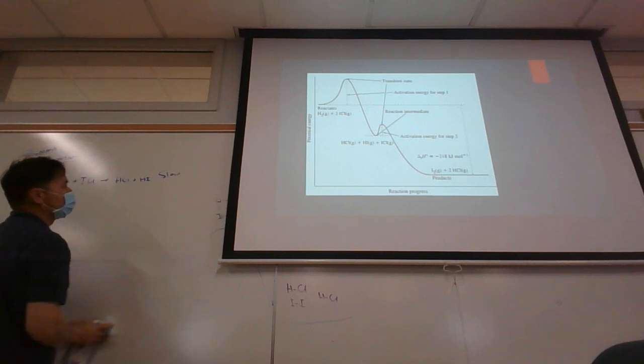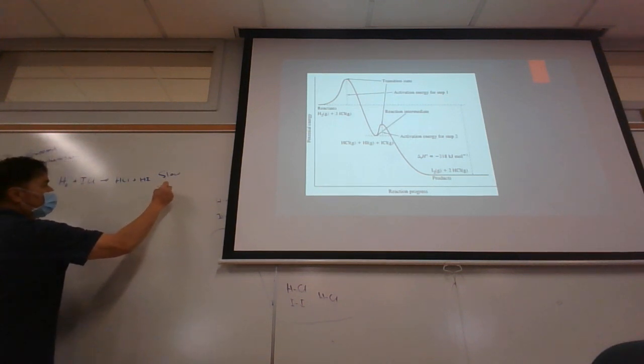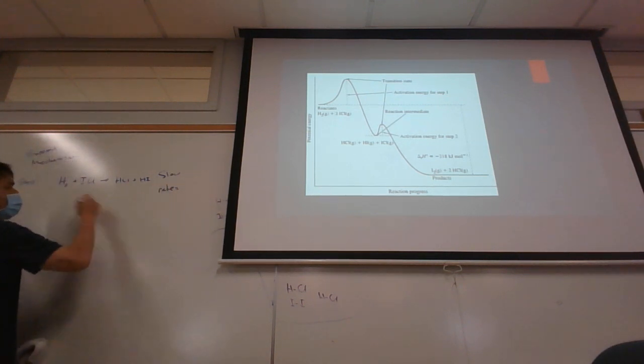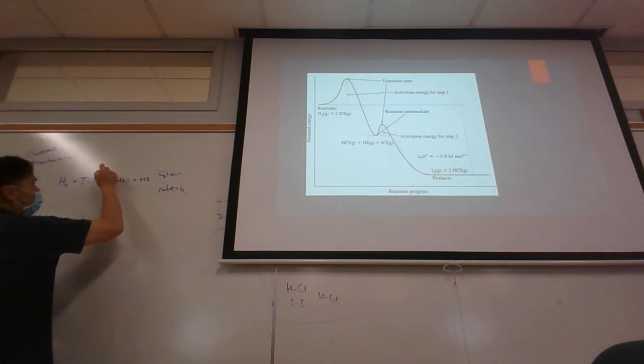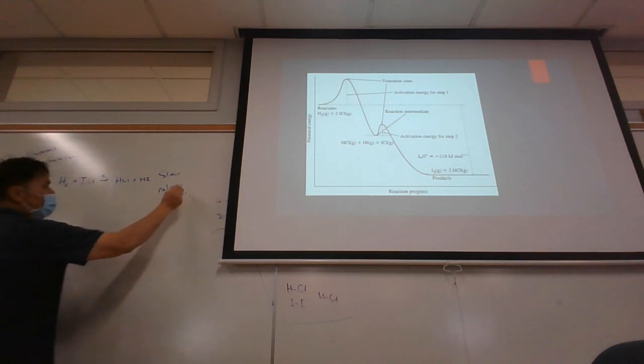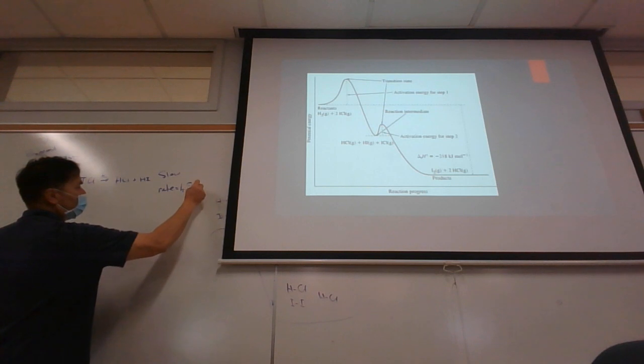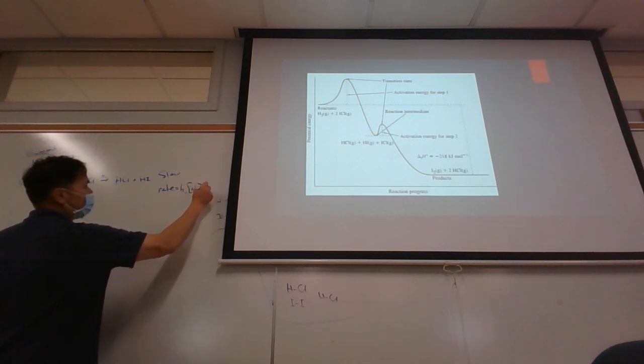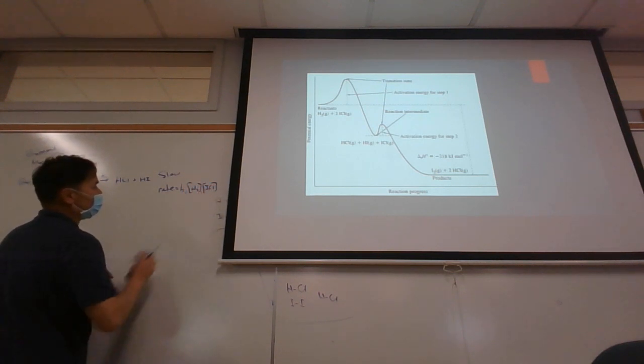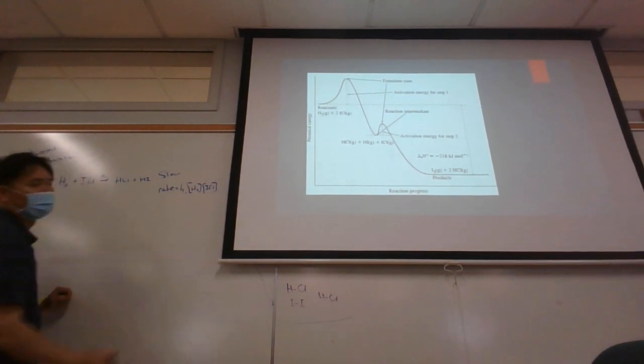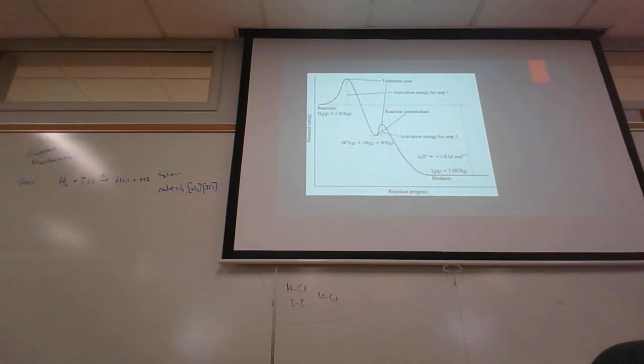If this is the slow step, then the rate is going to depend on this step. Since it's an elementary process, the rate is just going to be equal to k1 times the H2 concentration times the ICl concentration. The second ICl doesn't react in step one. The second ICl reacts in step two.